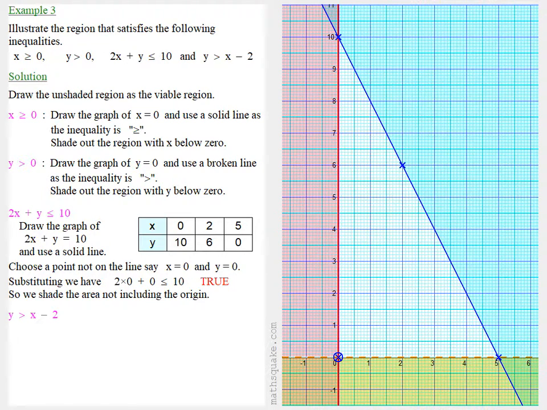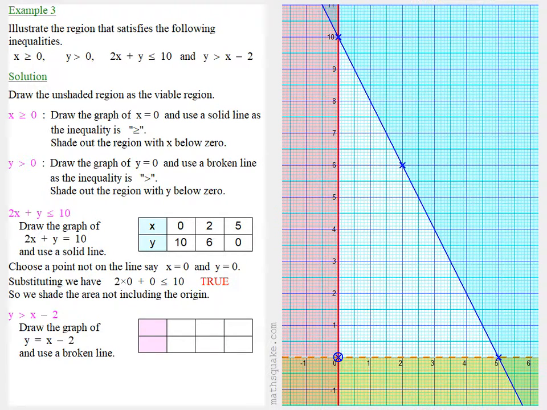Now for the inequality y is greater than x minus 2, we draw the graph of y equals x minus 2 and use a broken or dashed line. That's because there's no equals in the inequality. To do this again, let's draw out a table for x and y, choose some values of x, let's say 2, 3 and 5. Now, if x is 2, then y is 2 minus 2, which is 0.